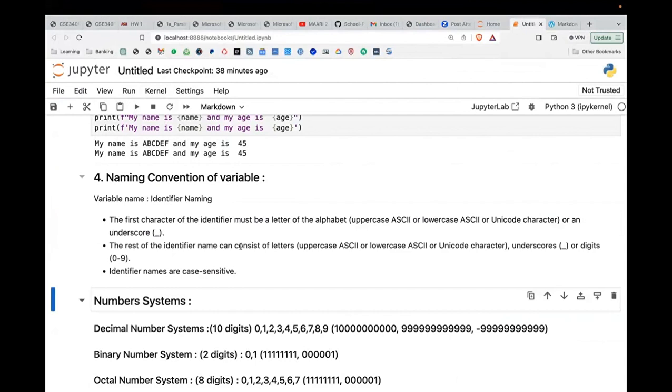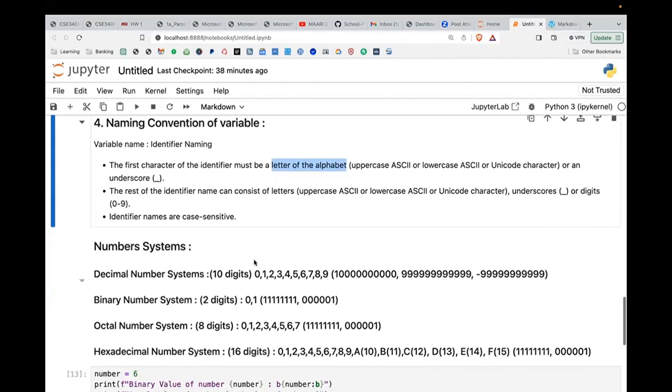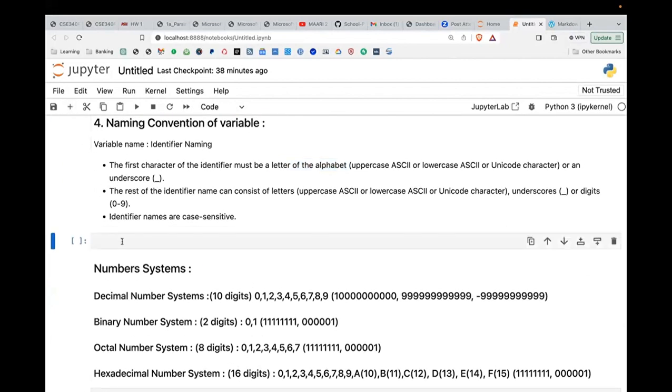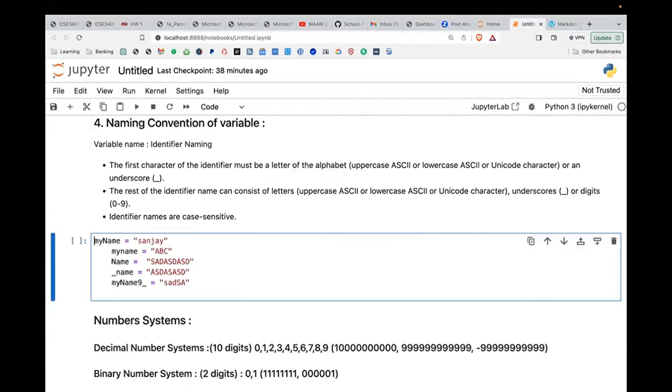So these are the rules for naming variables. What are the rules? The first character should be a letter or alphabet, lower or upper, it doesn't matter, or a Unicode character or underscore. So what exactly are we going to write? We are going to write these variables. My name variable is correct.